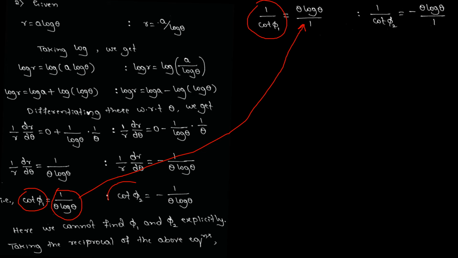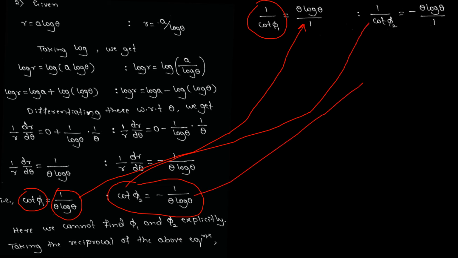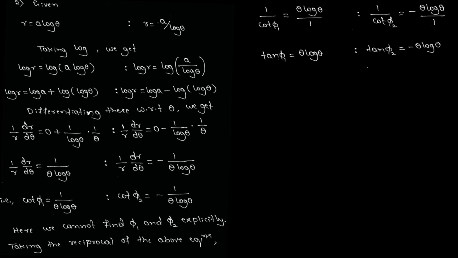Similarly, the reciprocal of cot phi 2 is 1 by cot phi 2. Now 1 by cot phi 1 is tan phi 1, and 1 by cot phi 2 is tan phi 2.